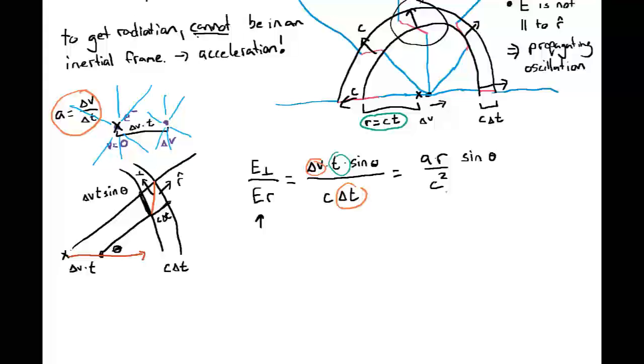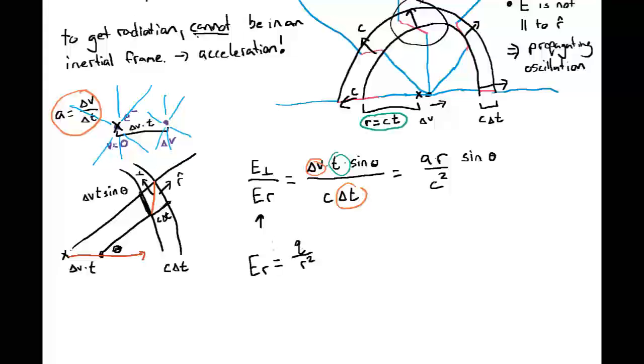So if we can plug in for what the radial component of the electric field is, we can solve for the perpendicular component. Now we know how to solve for the radial component of a quiescent electric field. That's just given by the charge divided by the radius squared. And instead of plugging in the charge of our electron, I've substituted in Q so that we could do this for any charge.